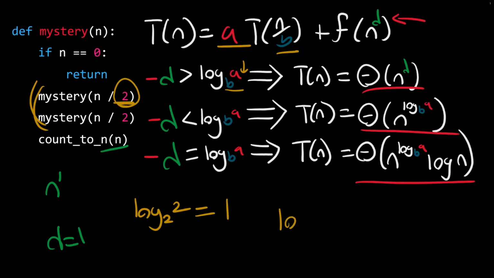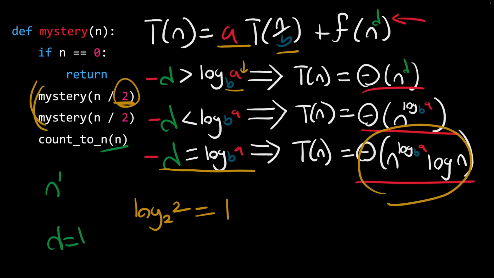As in log base 2 of 2, what exponent gives us 2? So that would be 1. So we see that our degree is equal to our log, which will give us this relation right here.